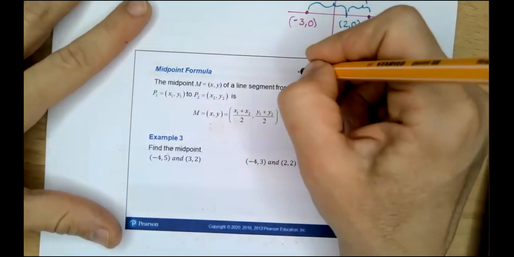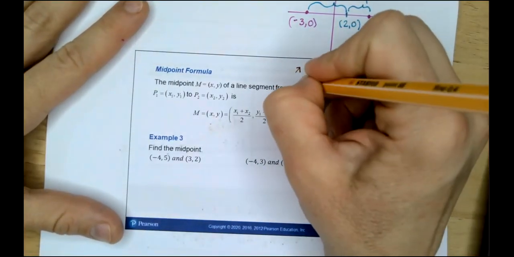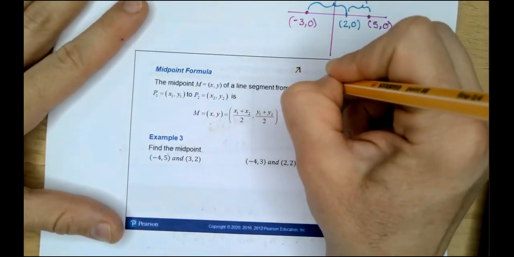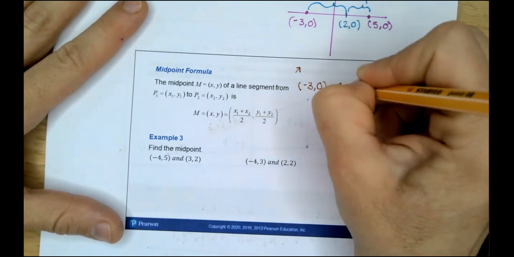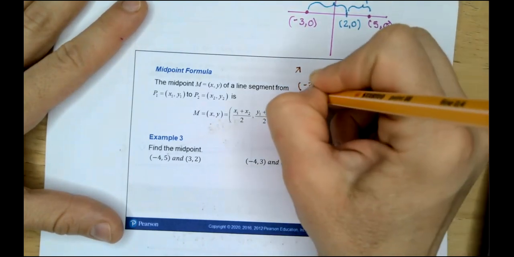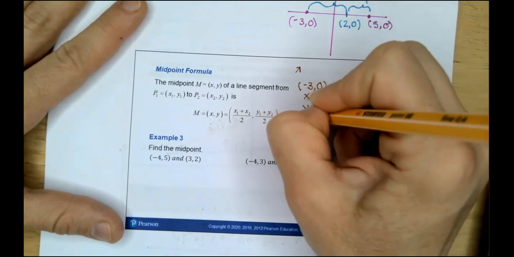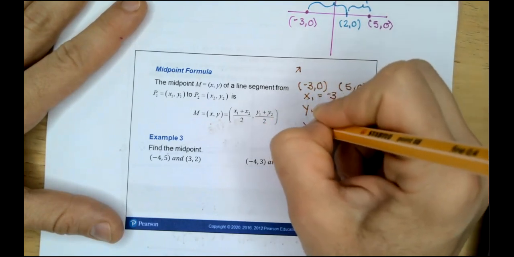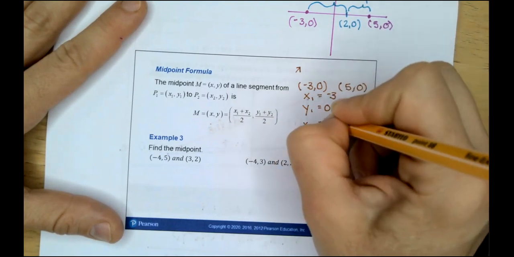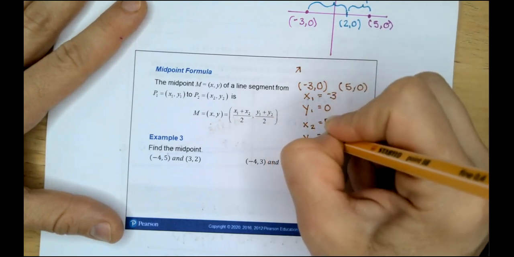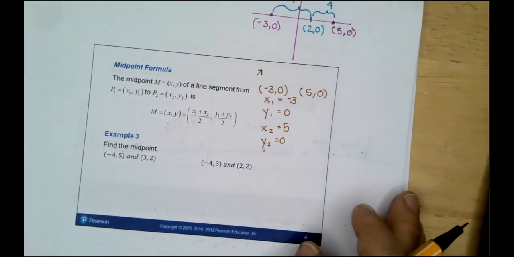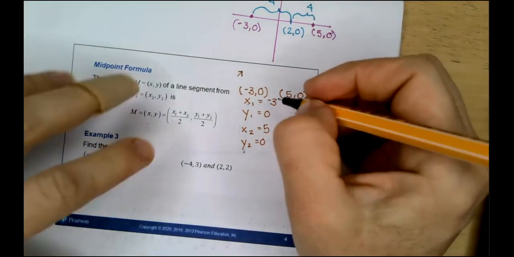For example, if we were going to do this guy, the midpoint from -3, 0 to 5, 0, right? x1 is -3, y1 is 0, x2 is 5, y2 is 0. Good? All right.